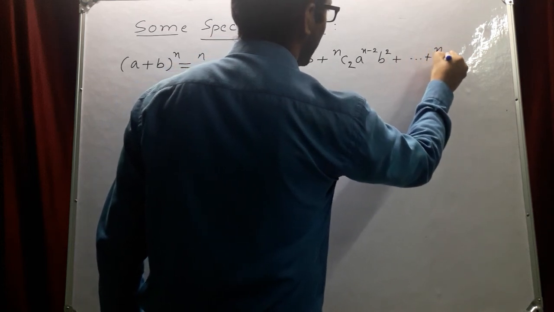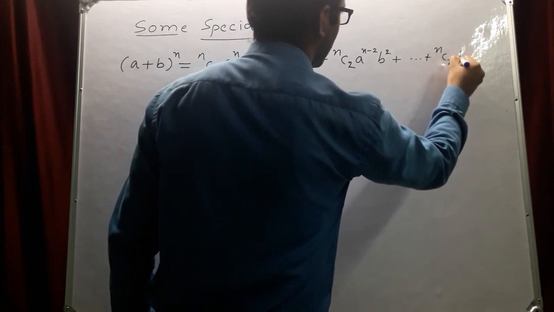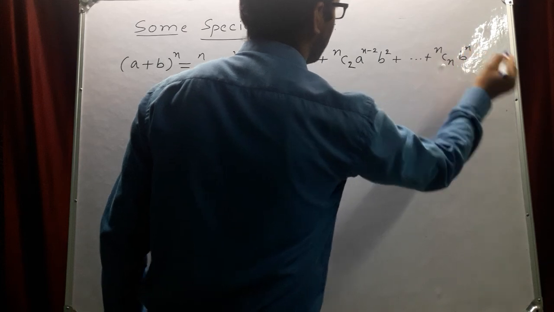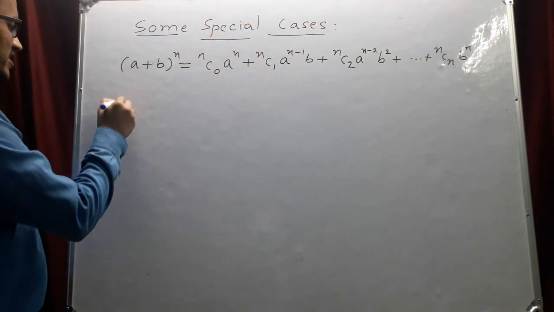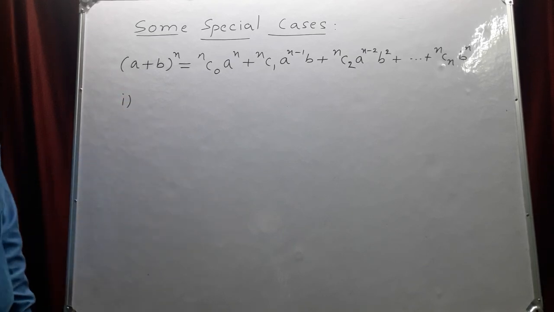The last term is nCn a power 0 b power n. Now we will see the first case.